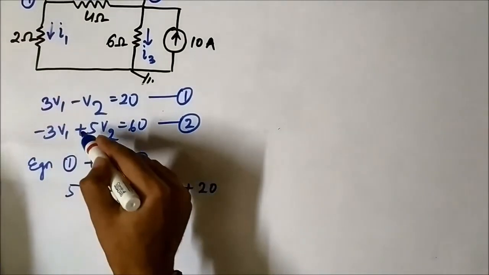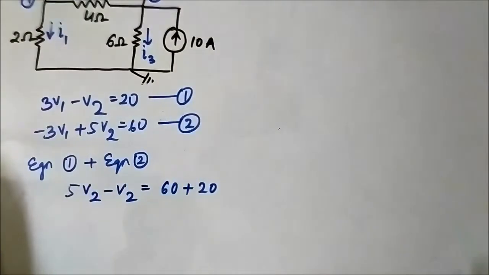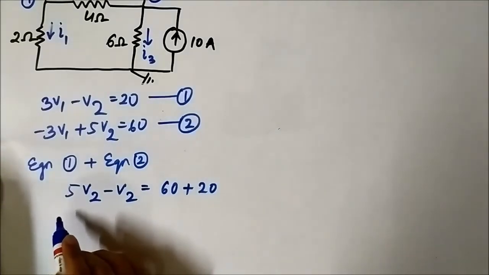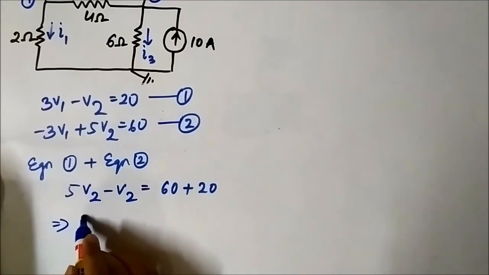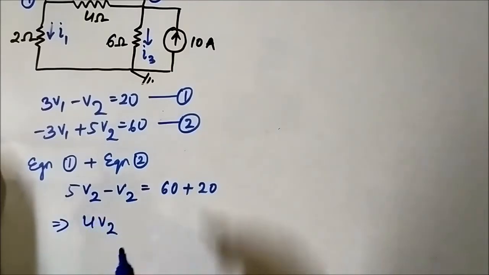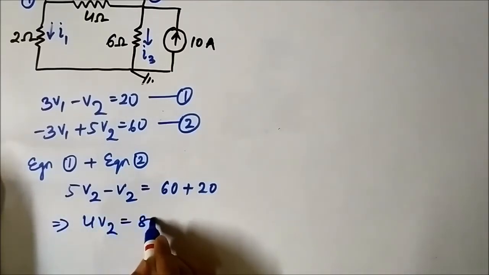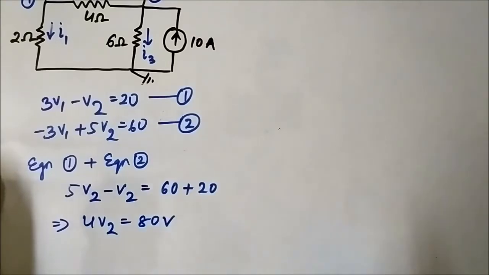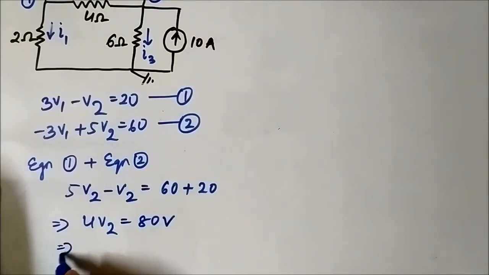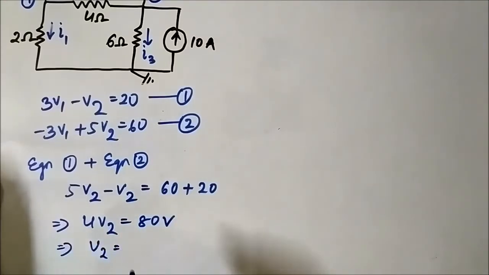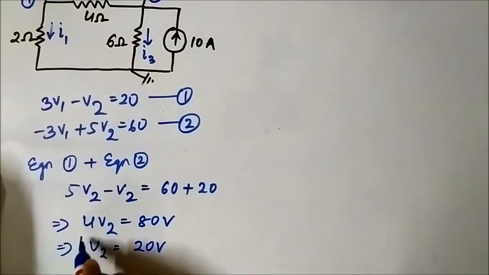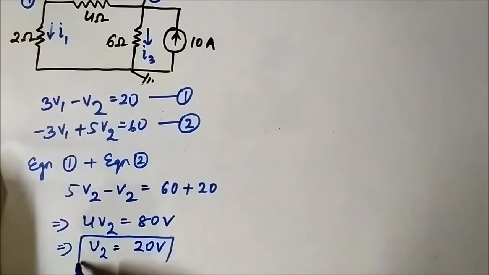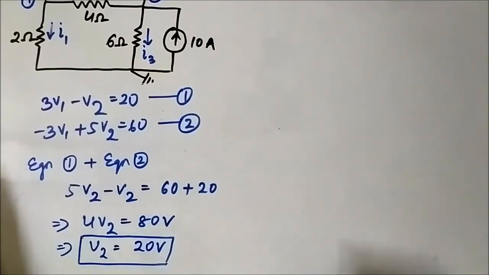We are simply adding equation 1 and equation 2. That implies 4V2 is equal to 80 volts. That implies V2 is equal to 80 by 4, 20 volts. So we have found the value of V2.